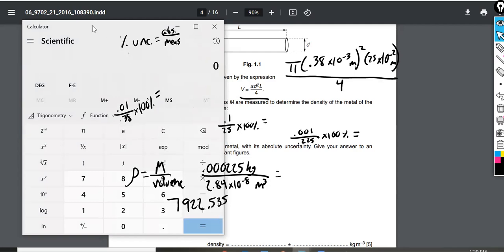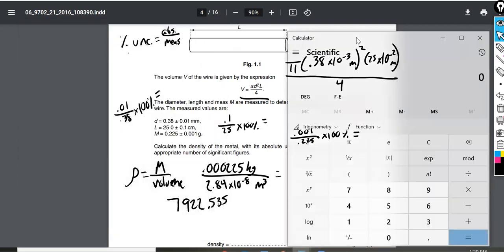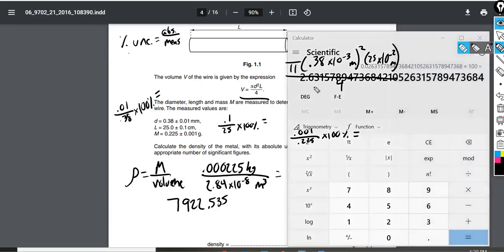All right, so the first one we've got 0.01 divided by 0.38 times 100. So this one is 2.63%. So we have a percent uncertainty contribution from the diameter measurement, 2.63%.